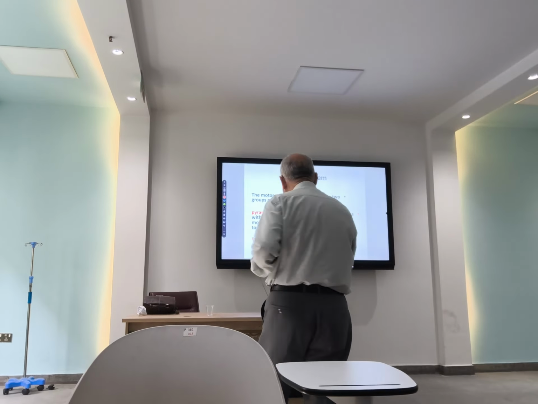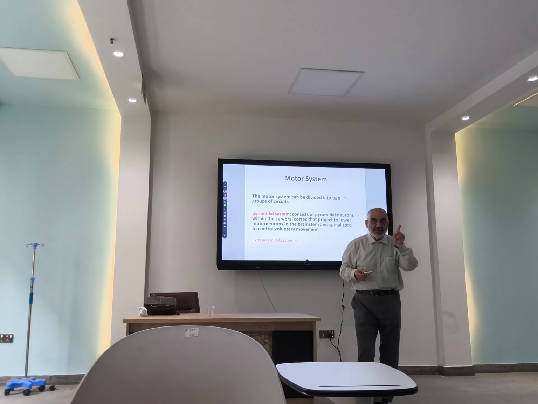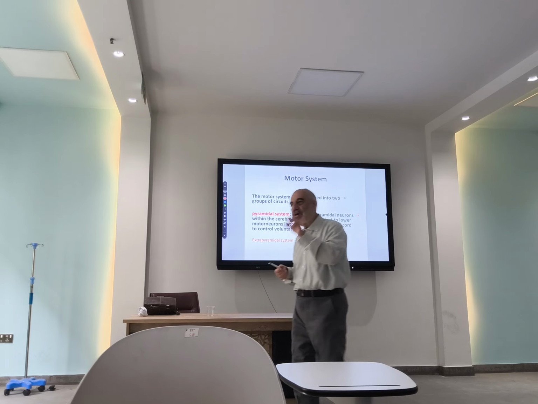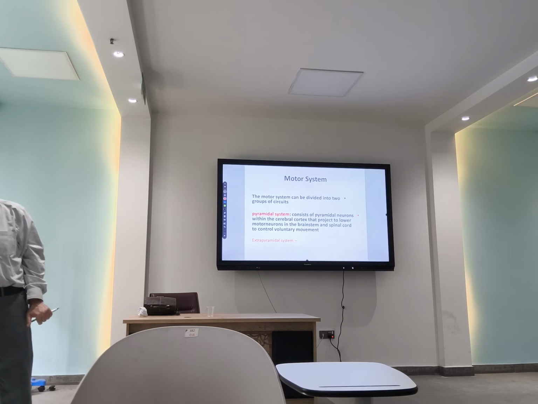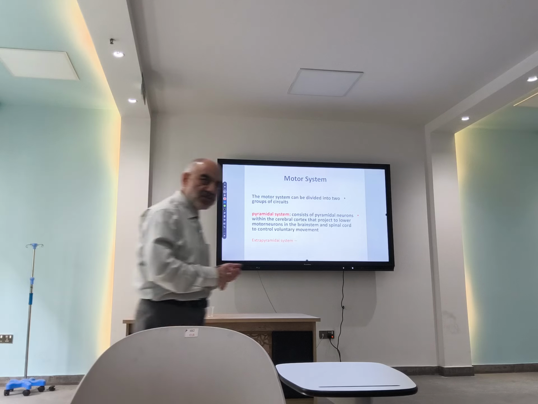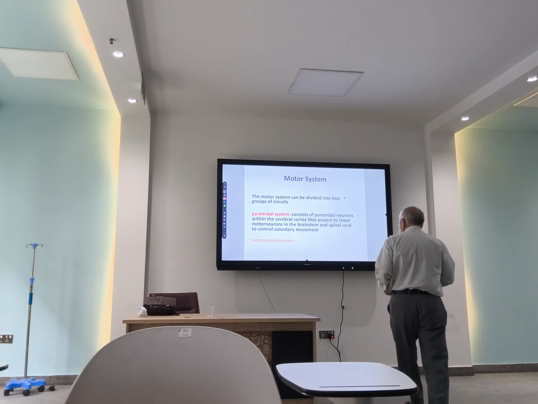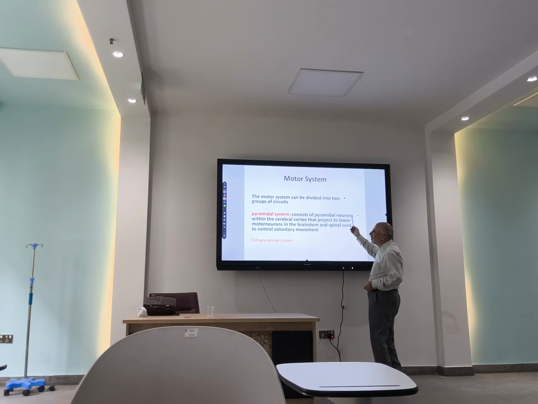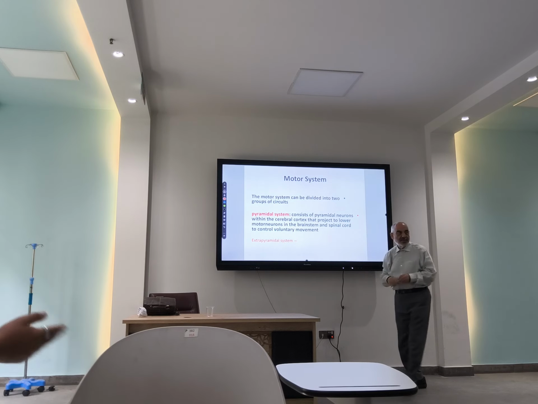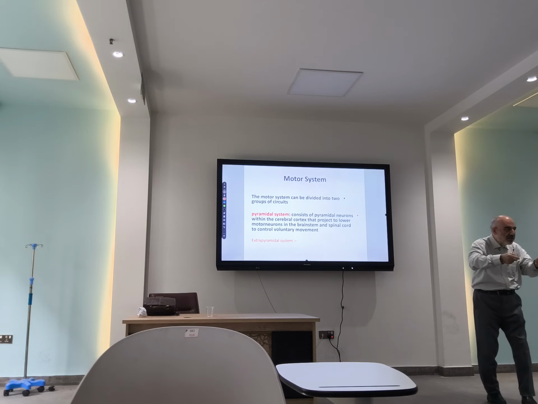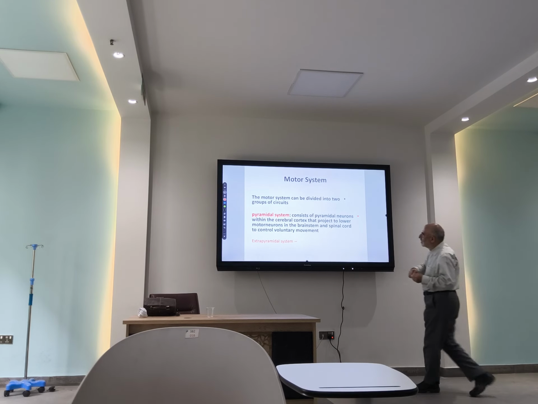For example, when you talk about the pyramidal system and you see a brain stroke, please remember that brain stroke patients most of the time are affected in the pyramidal system. I will show you the slide of the pyramid. It consists of pyramidal neurons. These neurons are inside the cerebral cortex. Cerebral cortex means cortical areas.